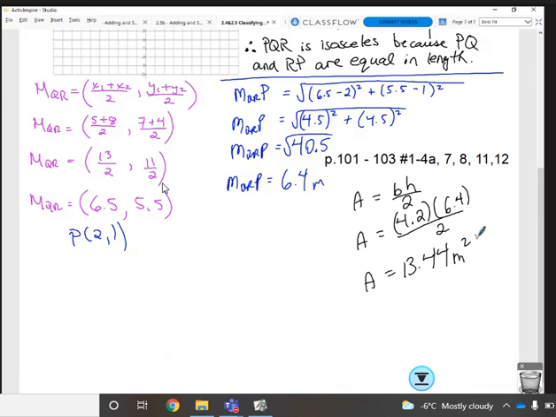So now we can put our therefore statement and say something like, therefore, the area is 13.44 meters squared. We say meters squared for sure because we're talking area here.